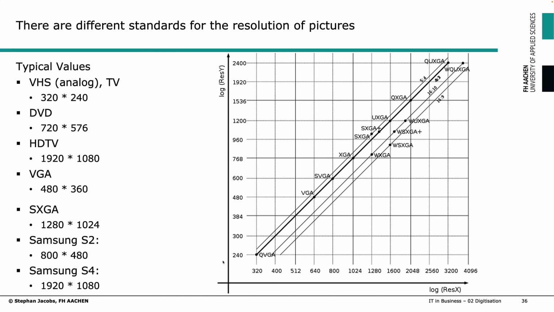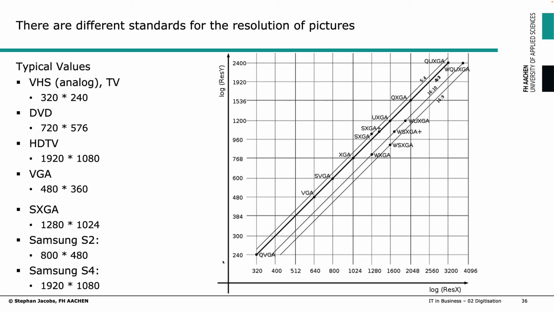Like we had ASCII, we of course do have different standards for the resolution of pictures. For example, for the analog picture, we had pixels as well in the video recorders, which is VHS. It's 320 times 240 pixels. DVDs typically have 720 times 576. We have HDTV, we have VGA, SXGA, we have HD, 4K HD, and so on and so on.